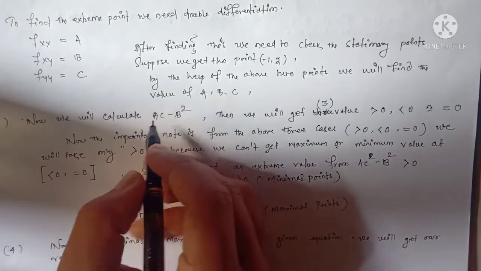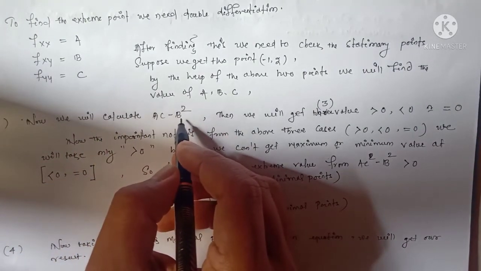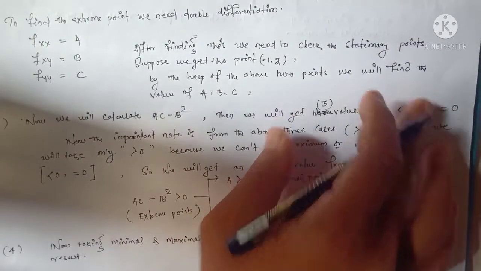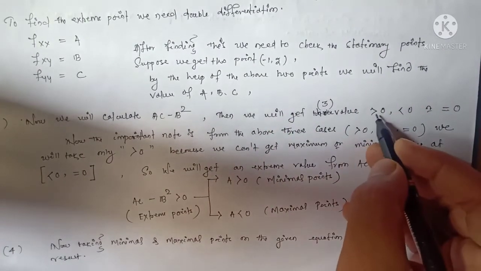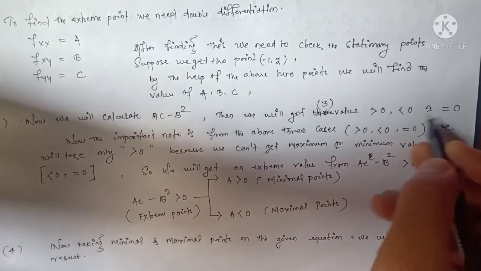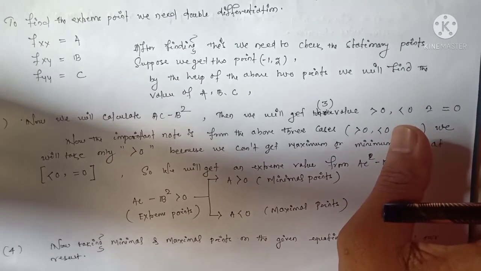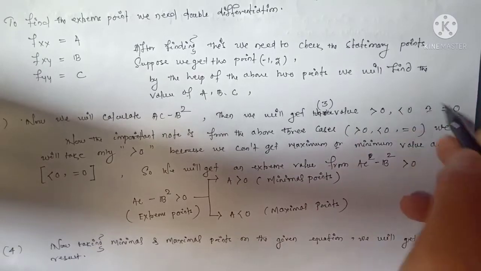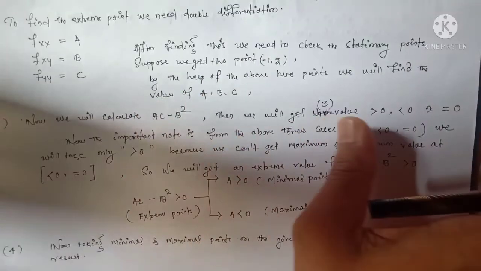Now we will calculate ac minus b square. Then we will get three cases: greater than 0, less than 0 and equal to 0. From these three we need to pick only one.